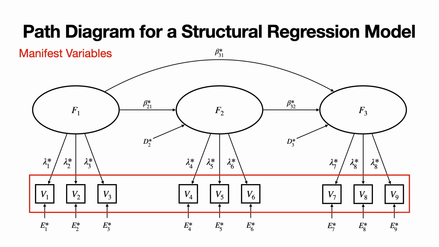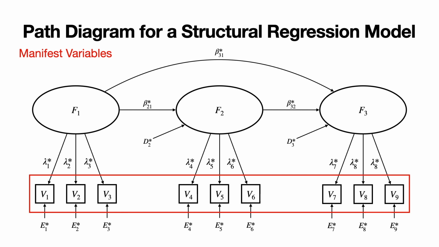Now, based on this model, V1, V2, and V3 can only be impacted by latent construct F1. Because the arrows emanating out of F1 are one way, V1, V2, and V3 cannot be impacted by F2 or F3. V4, V5, and V6 are allowed to be directly impacted by F2, but because there's a path from F1 through F2 down to those manifest variables, this model allows V4, V5, and V6 to be impacted indirectly by F1.